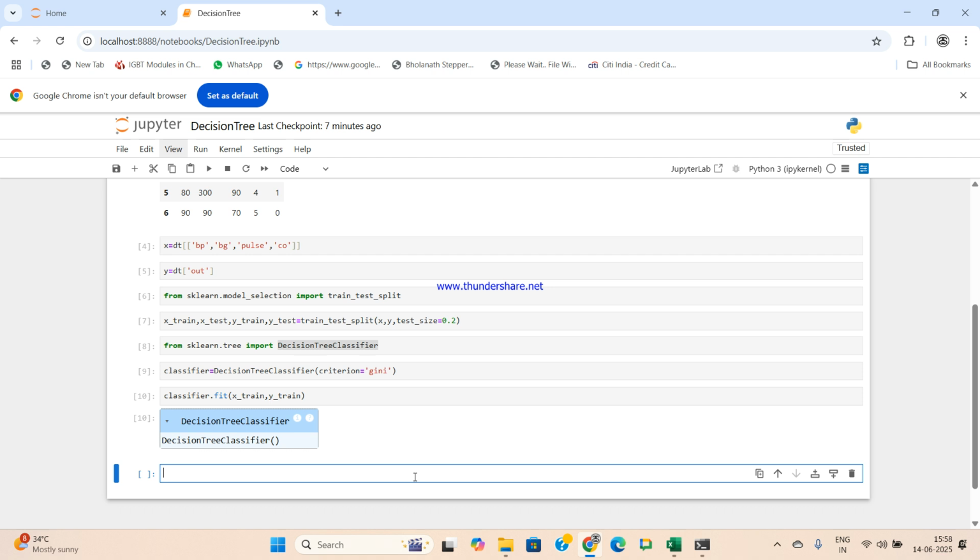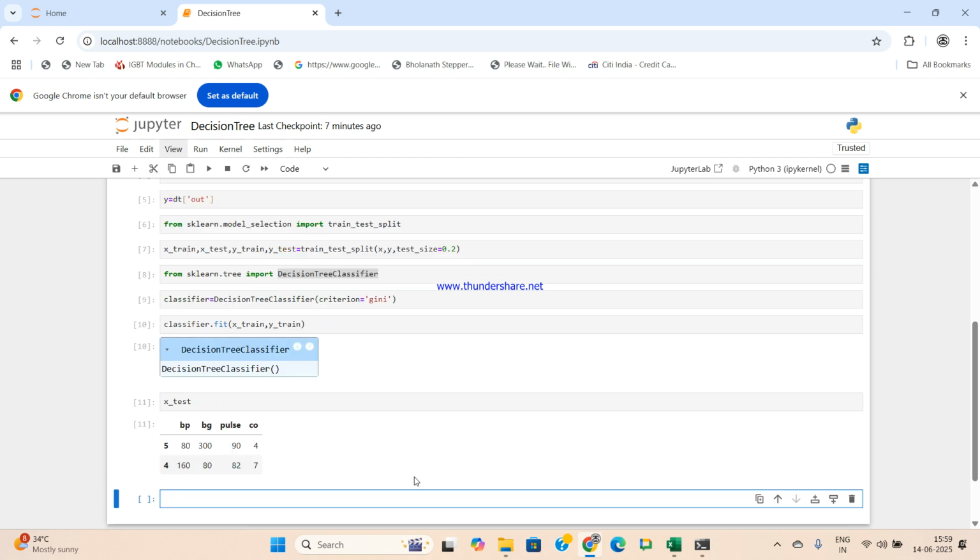Now we can see my x_test, how many values are there. There are two values. The first sample is glycemic, meaning 1, and the second one is hypertension.